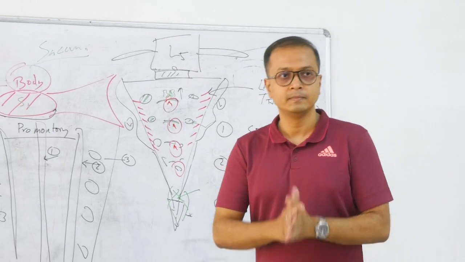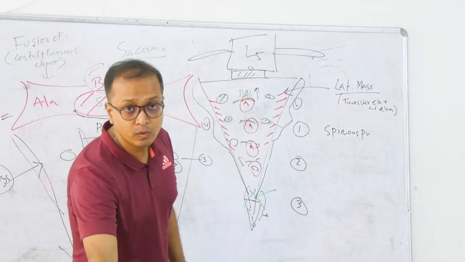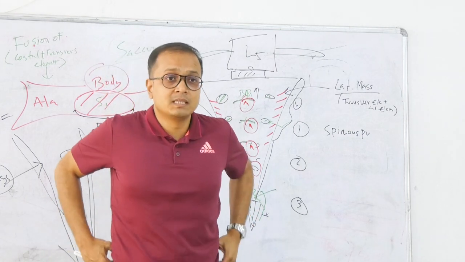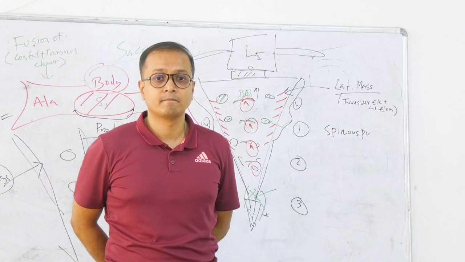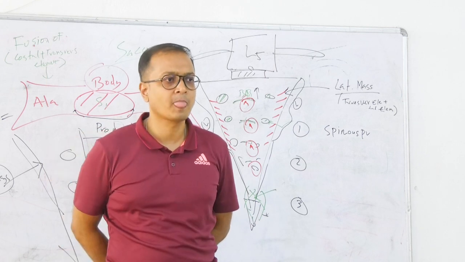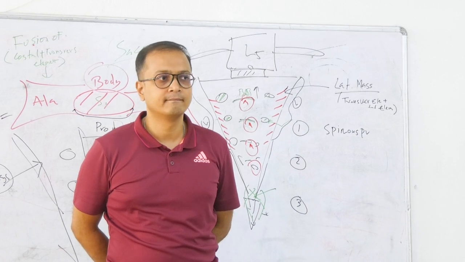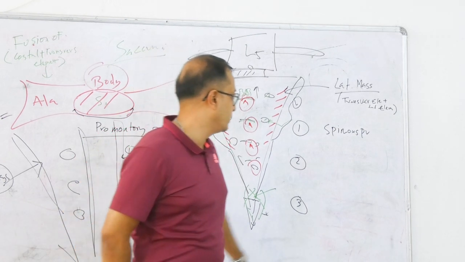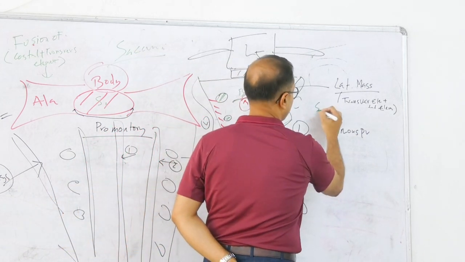Is it the articular process? So number one is spinous process. Number two, articular process. Who makes number three? Three is the lateral sacral crest. So we have these sacral crests.